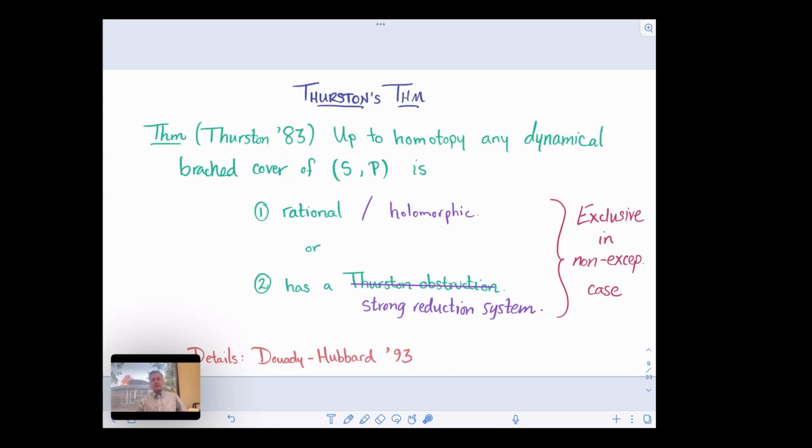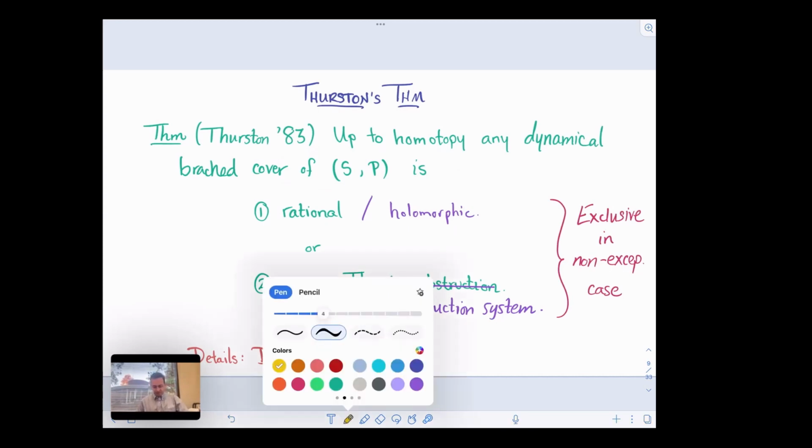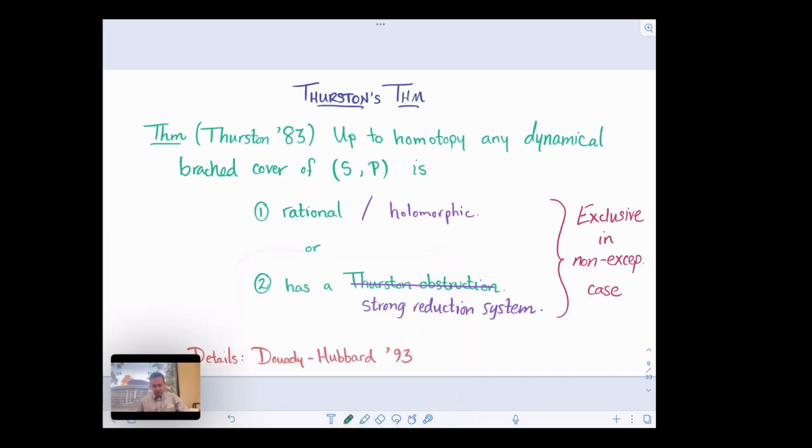This is Thurston's theorem, maybe better called Thurston's characterization of rational maps. You have a branch cover of the 2-sphere over itself with some set of marked points.